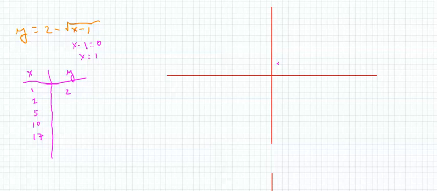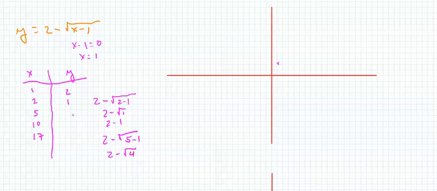Now, for y we have 2 minus the square root of x minus 1. At 2, that's 2 minus the square root of 1, which is 1. We get 1. At 5, 2 minus the square root of 5 minus 1, 2 minus the square root of 4, which is 2 minus 2, or 0.